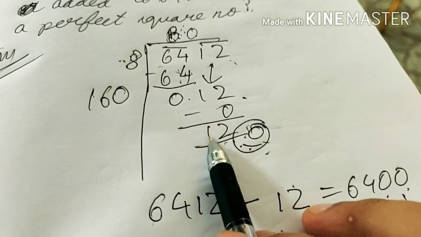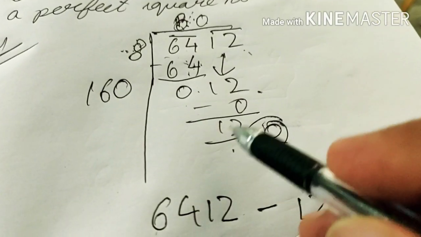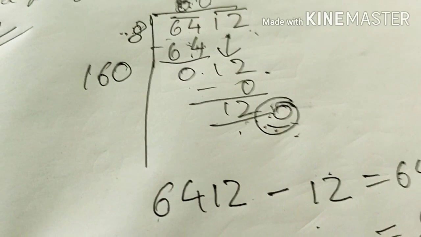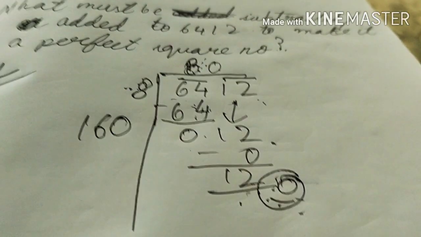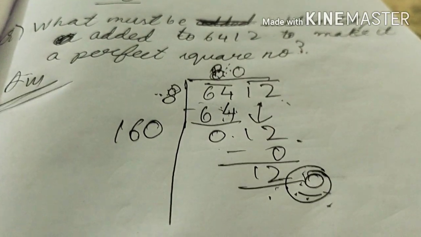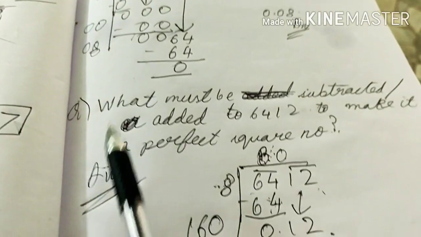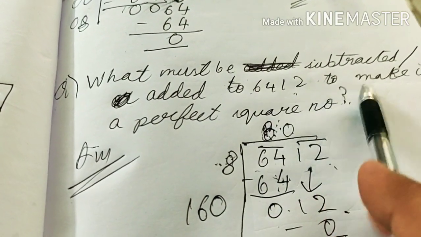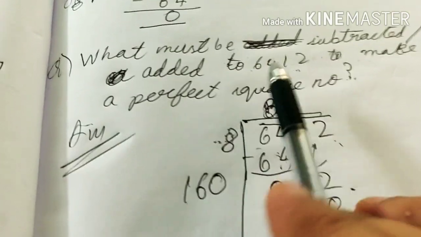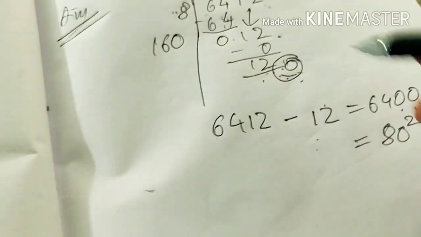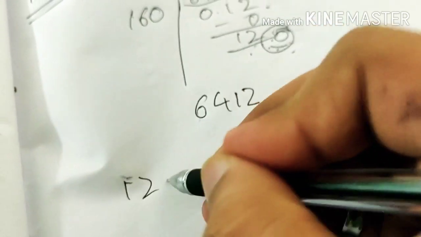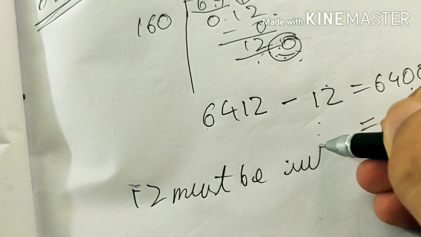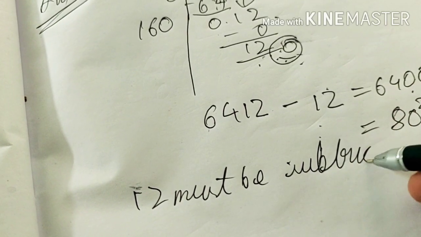We will subtract the remainder, means we are getting 12 more, so if we eliminate this 12, we will get a number that forms a perfect square. Our first part was what must be subtracted to make 6412 a perfect square. So 12 must be subtracted to make it a perfect square.